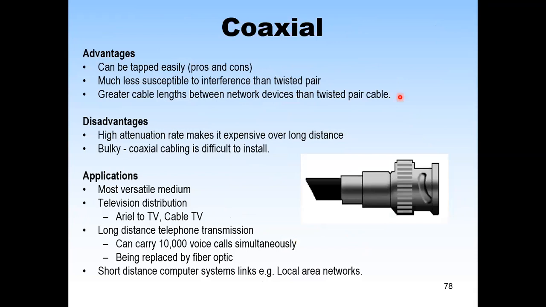Advantages: it can be tapped easily, and it is much less susceptible to interference than twisted pair because there are outside shields so that noise can be eliminated. It allows greater cable lengths between network devices than twisted pair cable.